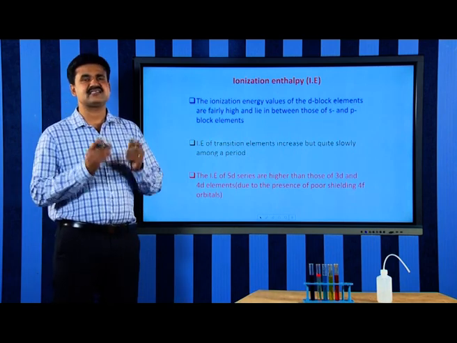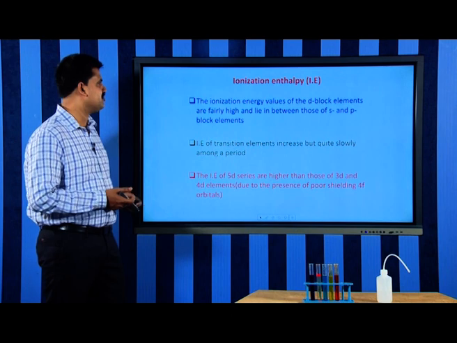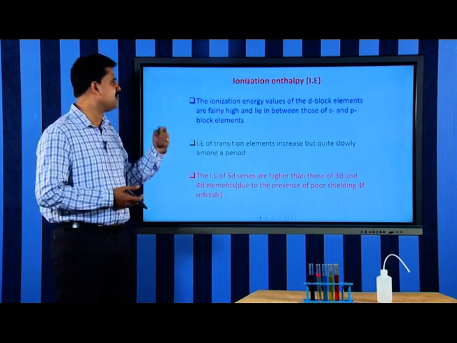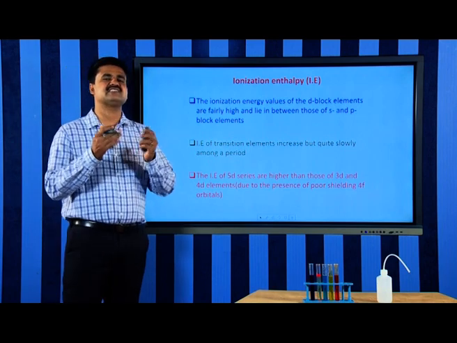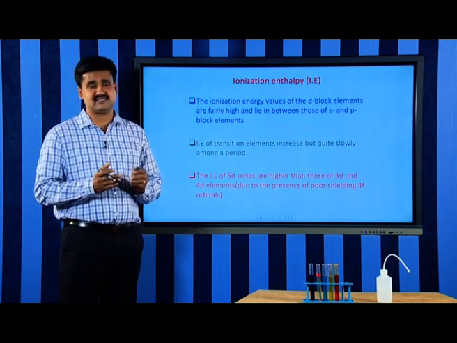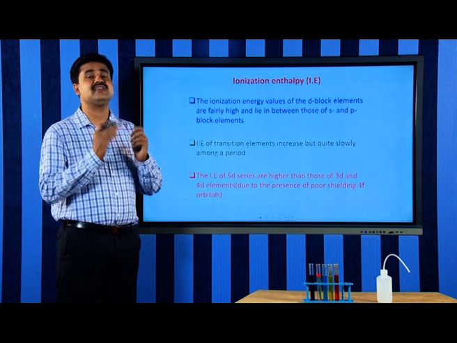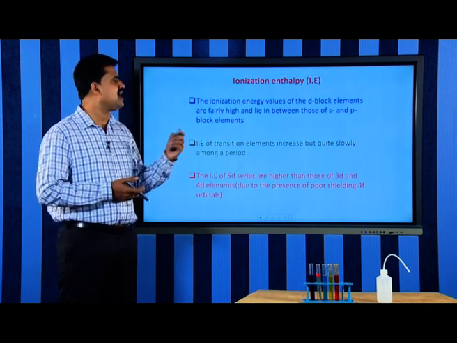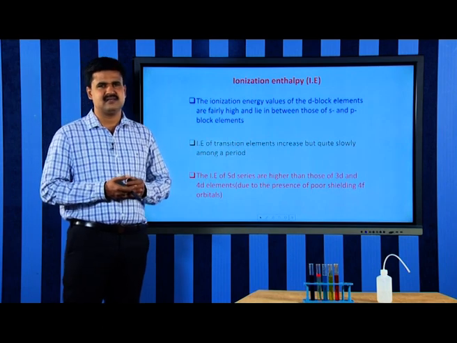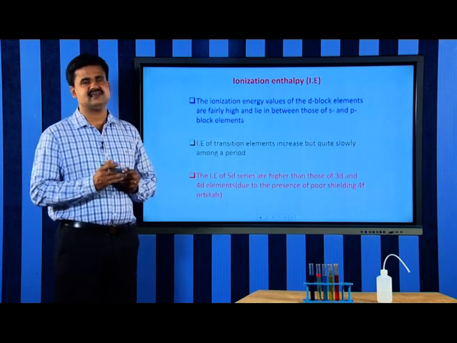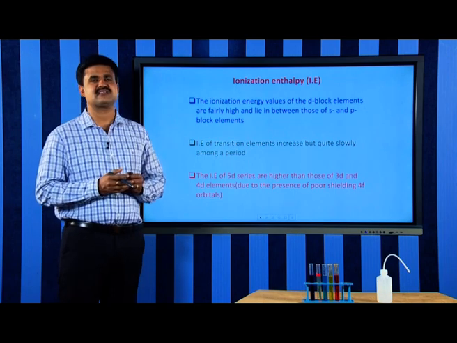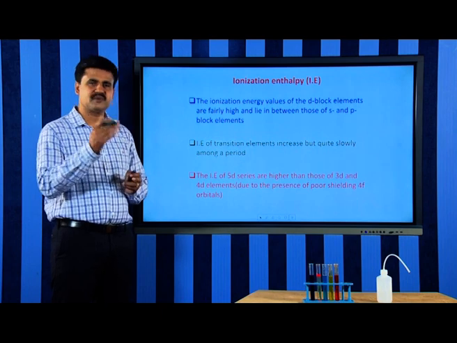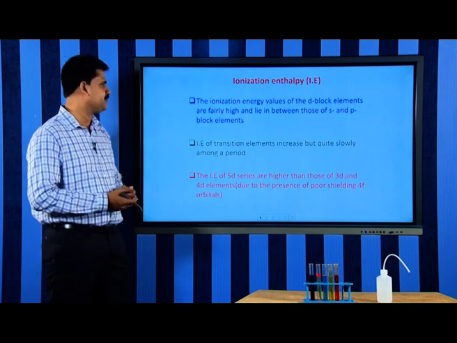Regarding the ionization enthalpy of the transition metals, these values are fairly high, and the ionization enthalpy values of d block elements or transition elements lie in between those of the highly reactive s block metals and those of p block elements. Thus, we can simply say that the ionization enthalpy values of the transition elements are between that of metals as well as non-metals, or between s and p block elements.